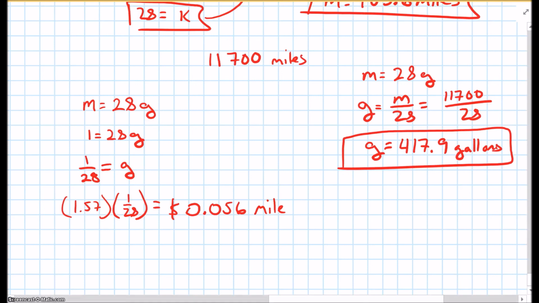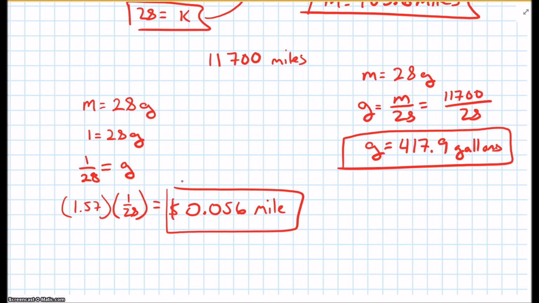There you have it. So the cost is 0.056 dollars a mile. Okay, look those over, and if you can do those, you should be absolutely fine for this test.